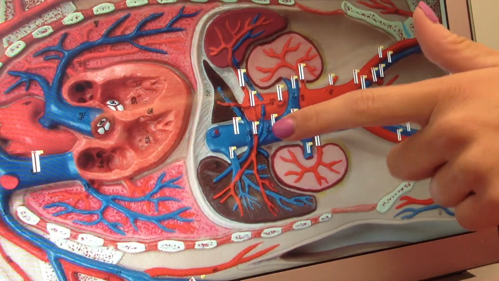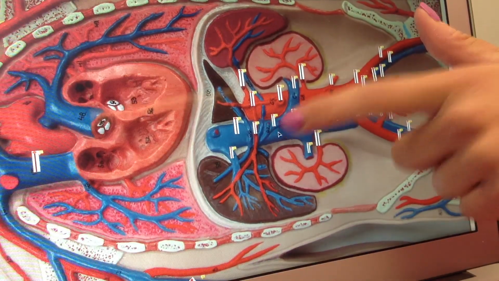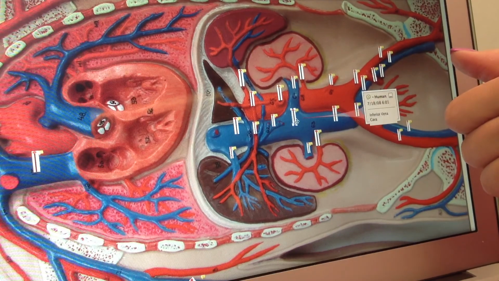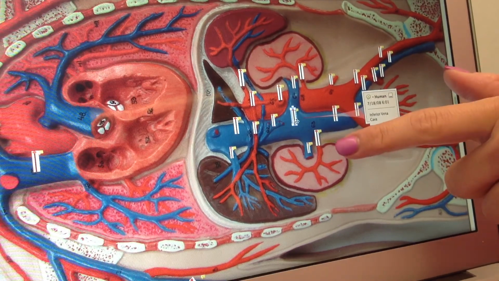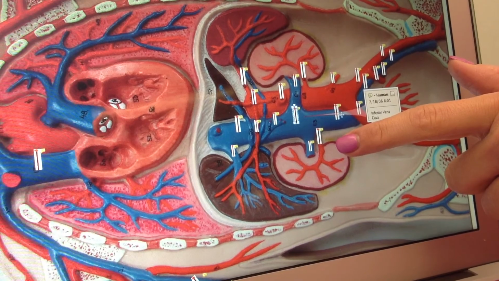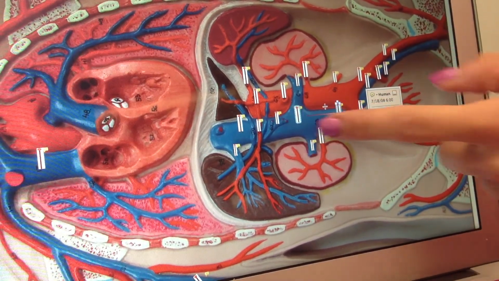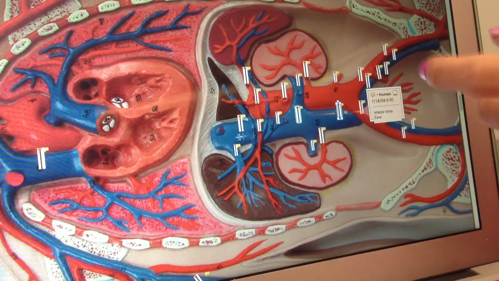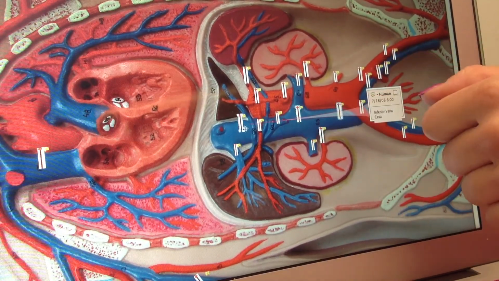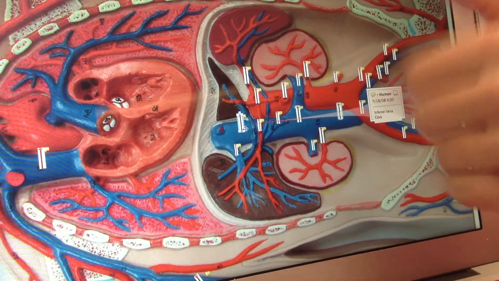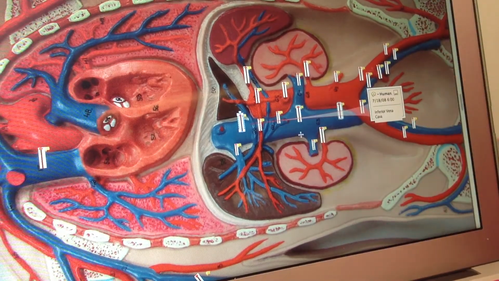So the superior mesenteric vein is right there. And then moving down is the inferior vena cava. So this whole portion right here is the inferior vena cava. This whole thing is the inferior vena cava.